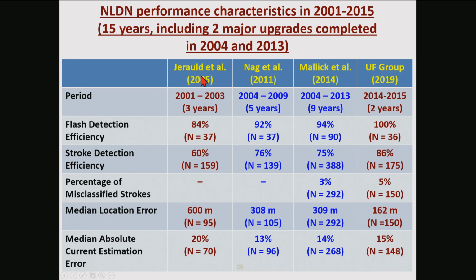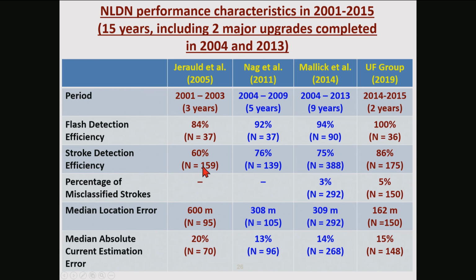For the second column, the time period is before the first upgrade, and the last one is after the second upgrade. So, if you look at the flash detection efficiency row, it was 84%, and now it is 100%.